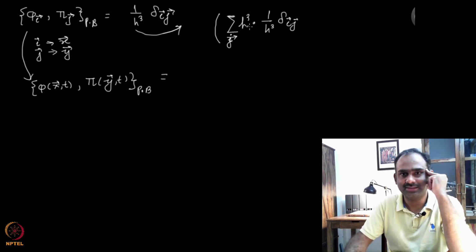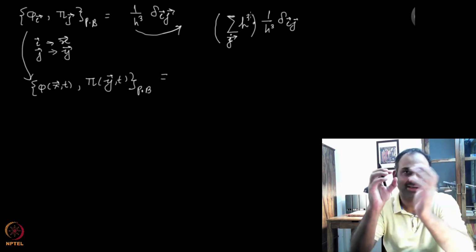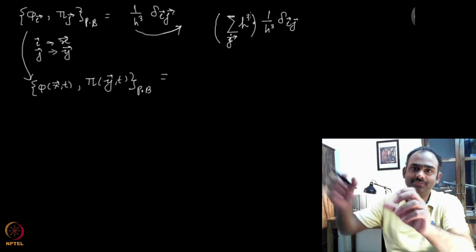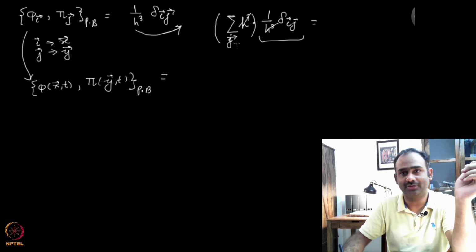This is summing over all the cells. Each cell has a volume h cube and you are summing over all of them. So what do you get? h cube cancels, and δ_ij will be nonzero only when j is i, and in that case you will get 1.